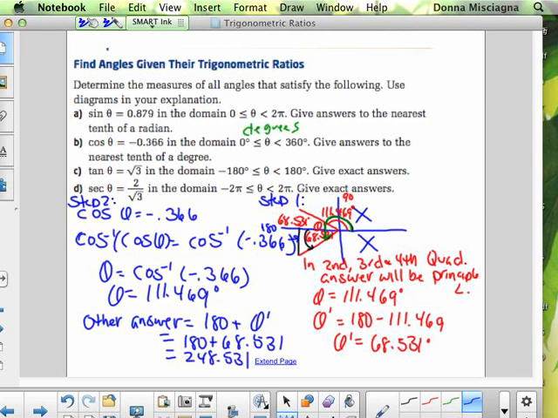All right, so our two answers, we've got this one here. This is one answer. So cosine 111.469, I should put it over here. So cosine 111.469 degrees equals negative 0.366.